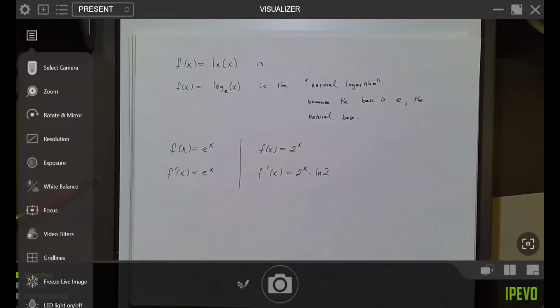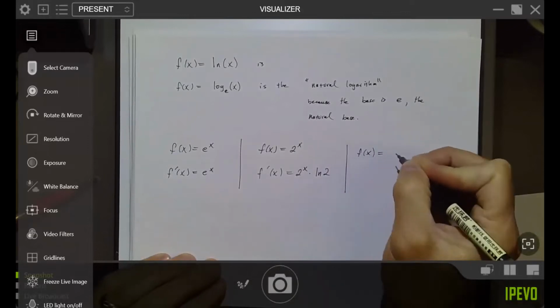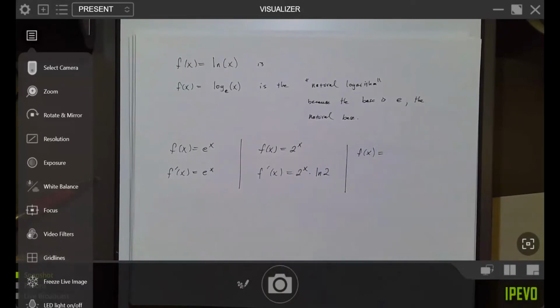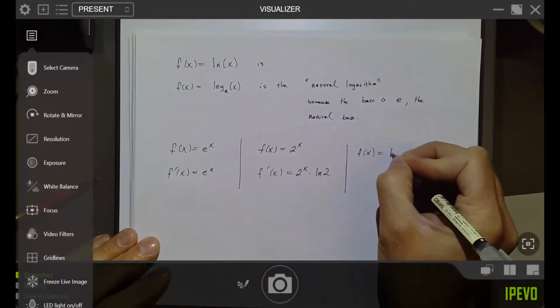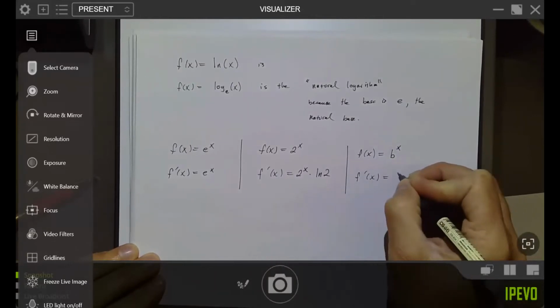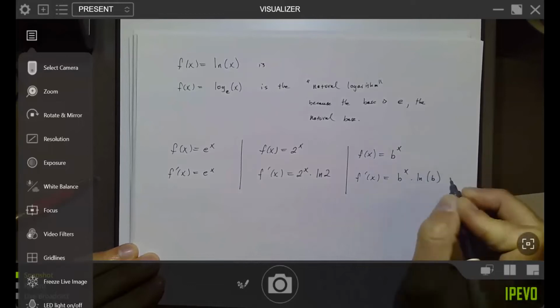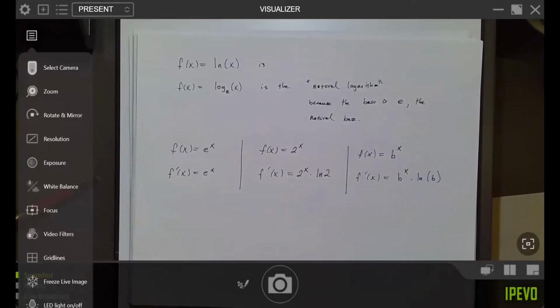And more generally, if your function is any positive base to the x power, then the derivative is that base to the x power times the natural log of that base. So that's why e to the x is the natural base, because it's the one that works the nicest when you're doing these things. It also holds up when you talk about logarithms.